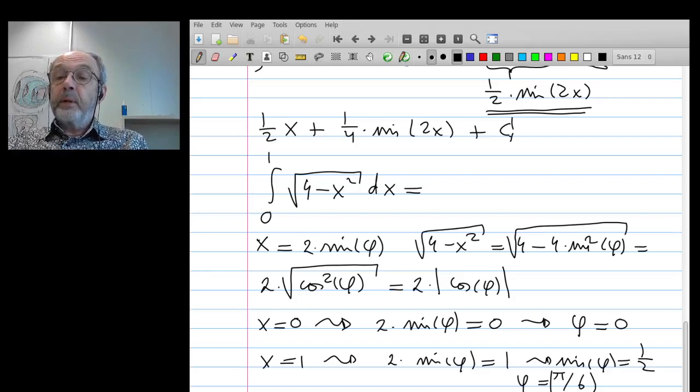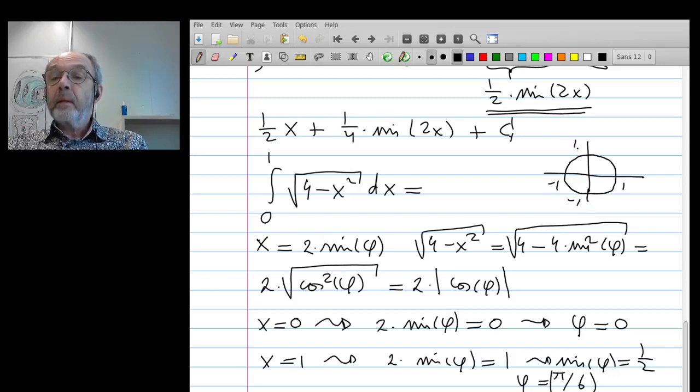And you have here the unit circle, and you have that the angle is 0, and the sine of that angle has to be equal to 1 over 2.